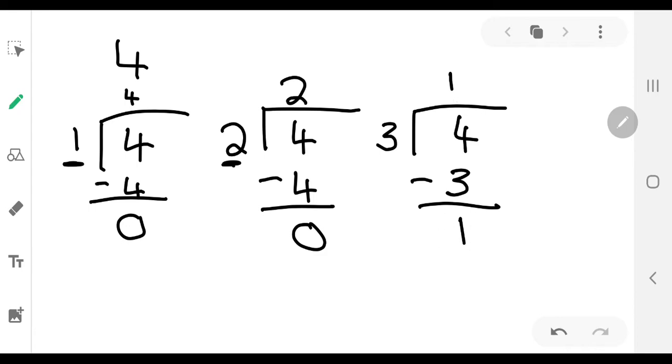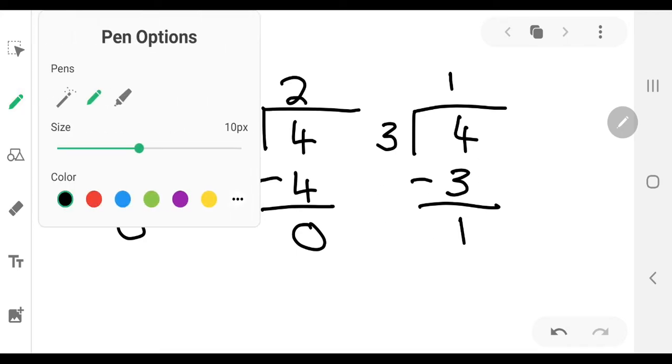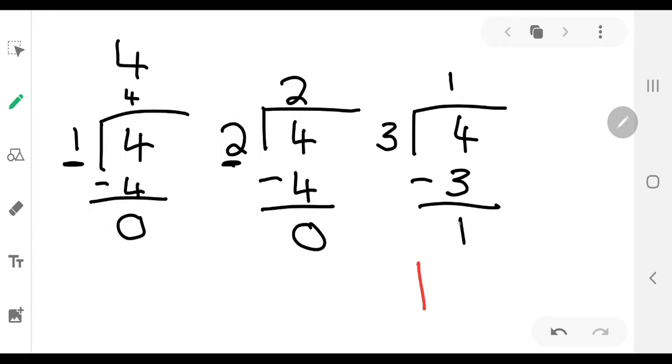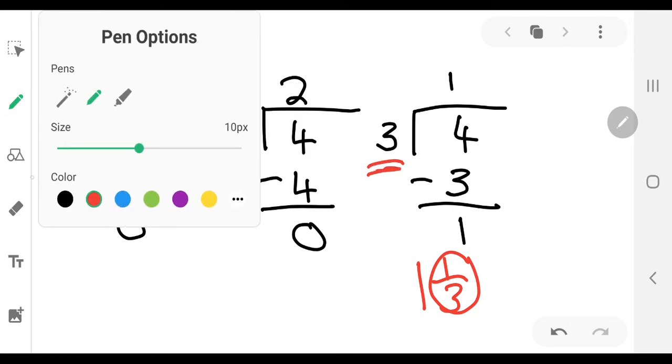So this number 3 does go in, but because it has a remainder, which is going to be 1 over 3, we cannot take this as a factor, because a factor mustn't have a remainder. The answer here will be 1 and 1 over 3. So this here is your remainder. Therefore, this number 3 is not a factor. Right? Now let me go to the next one.